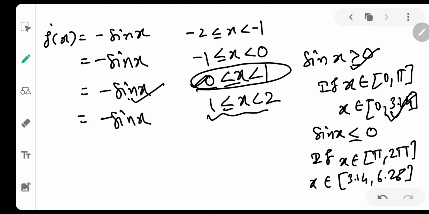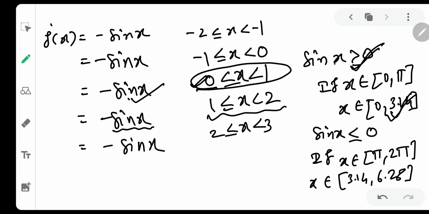Very good. From 1 to 2 also sin x is greater than 0, so minus sin x will be negative. Okay, let us move ahead. Minus sin x from 2 to 3. Even from 2 to 3, sin x will be positive, hence minus sin x will be negative, so the function will be decreasing from 2 to 3.